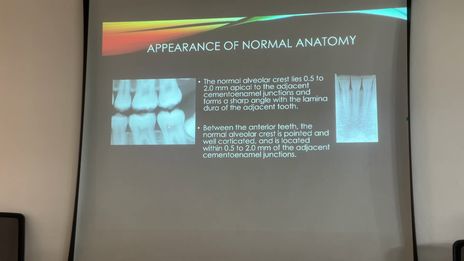Yeah, this one. The normal alveolar crest. This is the alveolar crest. Now we are focusing on the periodontal condition. This is the alveolar crest. The normal is 0.5 to 2.0 millimeter according to Parwa.